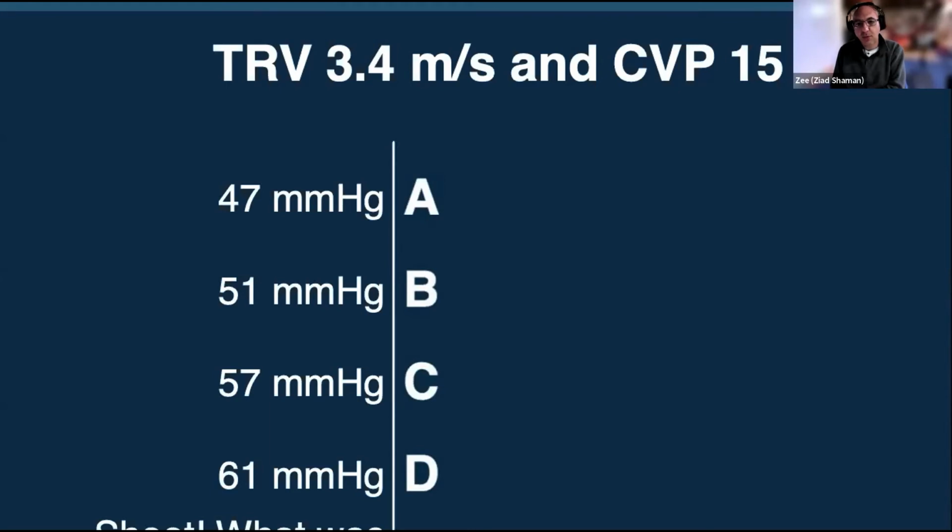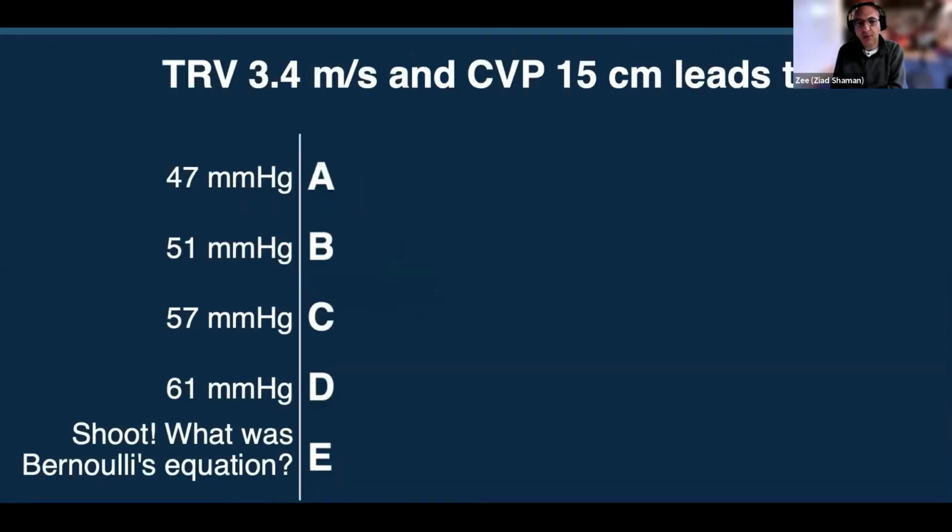So now you have your tools and you have a measurement, and you're going to try to apply it and get the pulmonary artery pressure estimate. You have a tricuspid regurgitant jet velocity of 3.4 meters per second and a CVP of 15 centimeters, and this gives you an SPAP of how much?